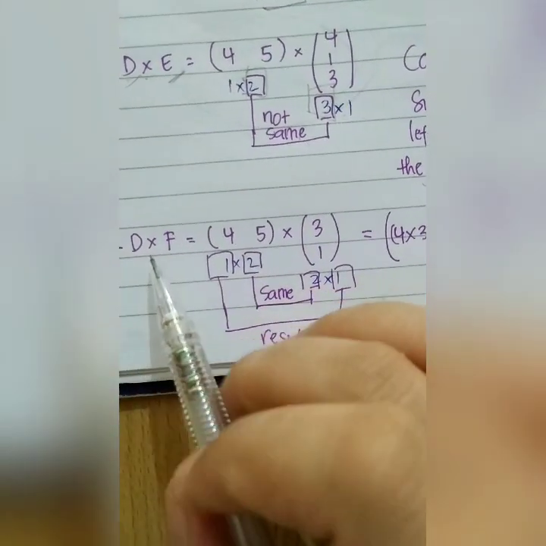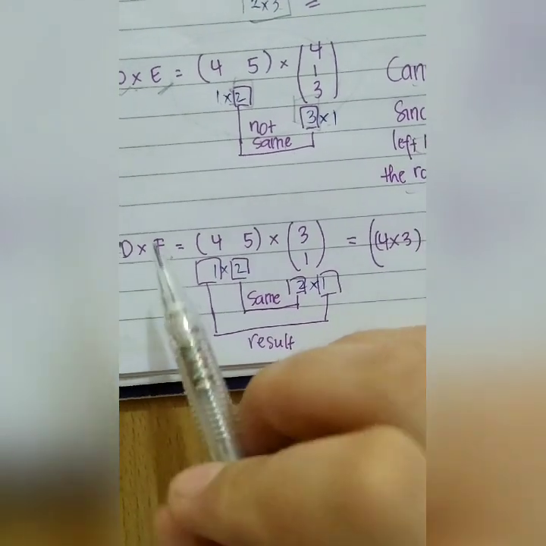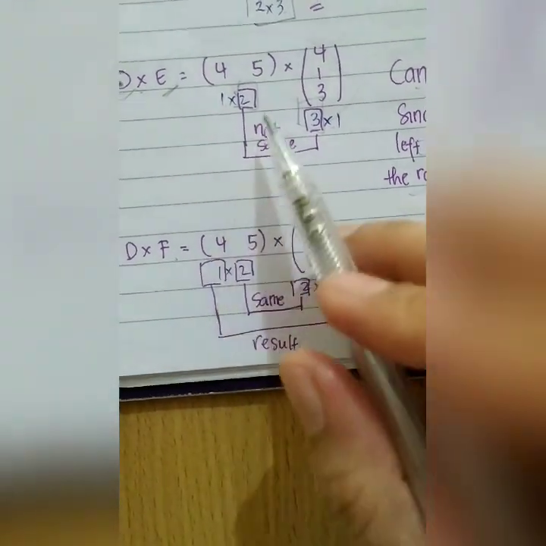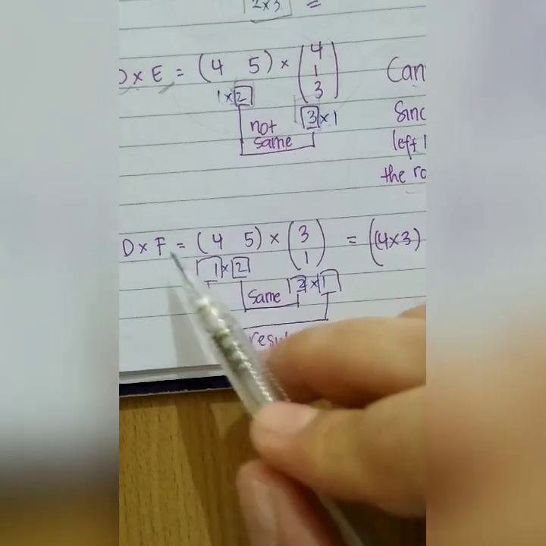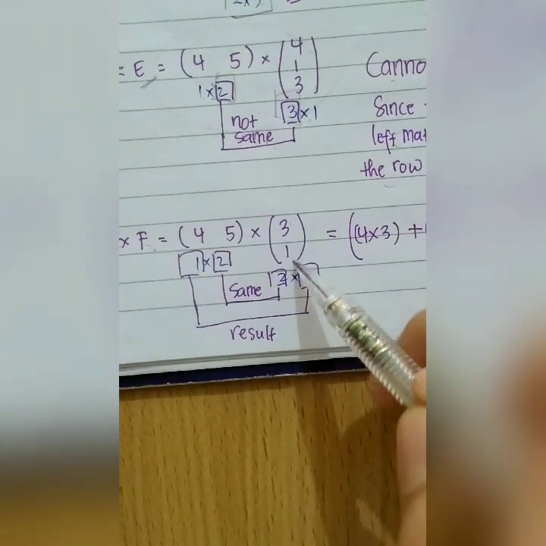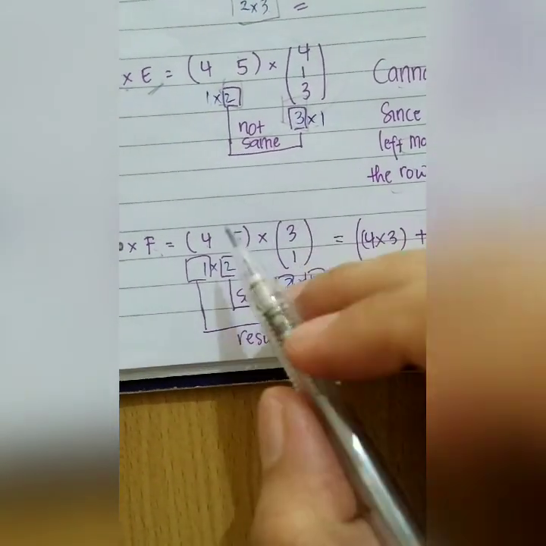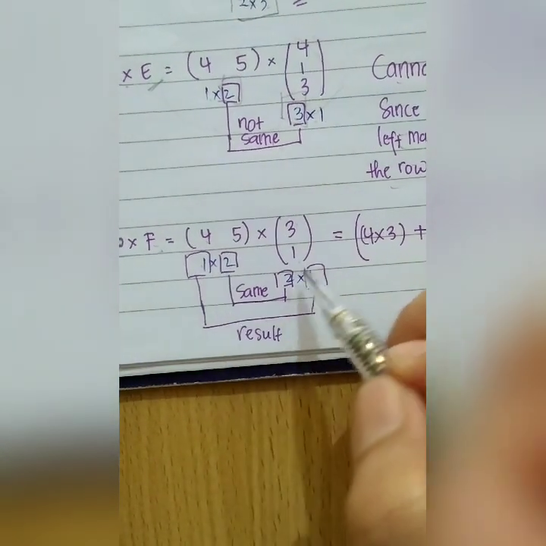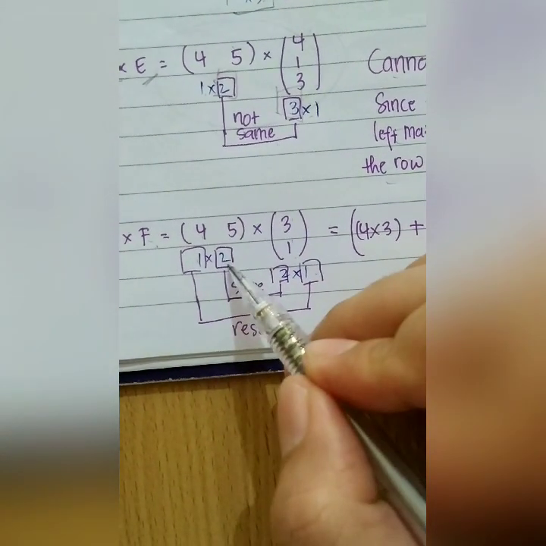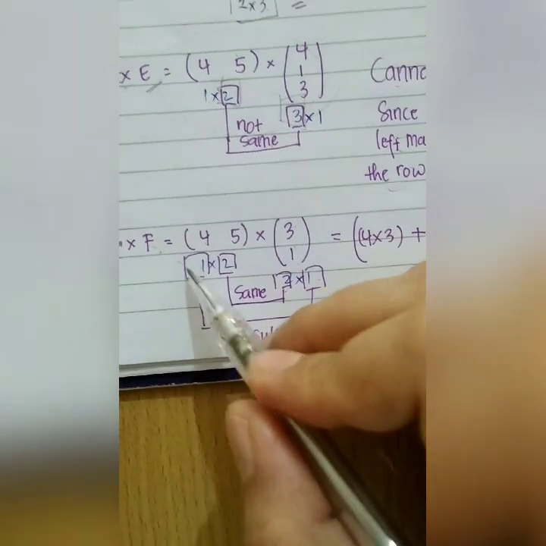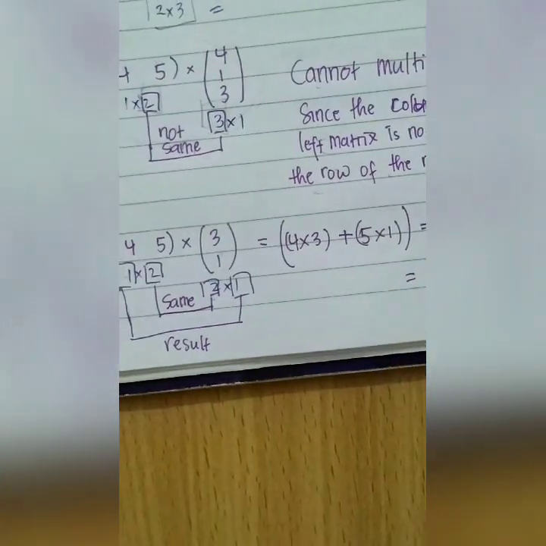Okay, now let's jump to part D. Part D is D times F. So D is the same as this one, 4 and 5, and then F is 3 and 1. So see, the order is 1 by 2, and then the second one is 2 by 1. See, the 2 and 2 here are the same, so 1 by 1 is the result.